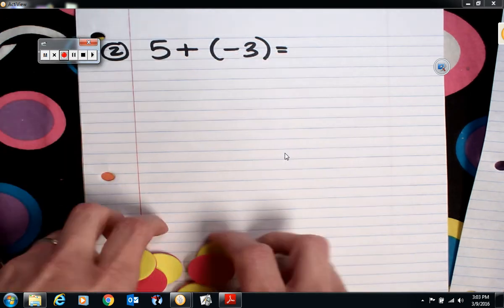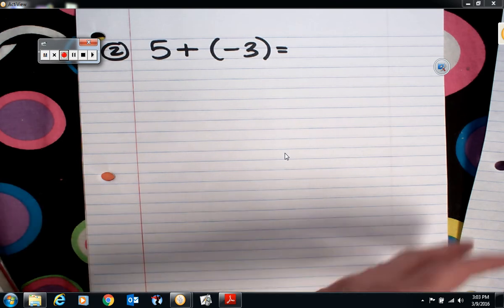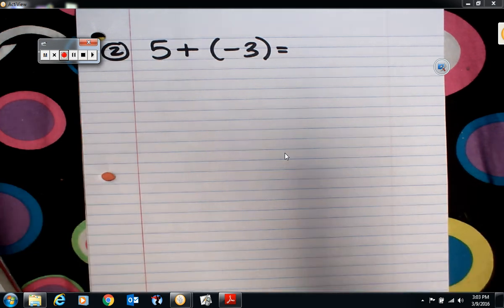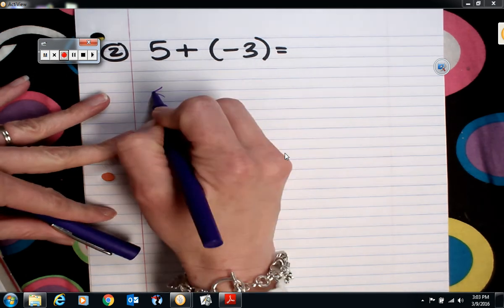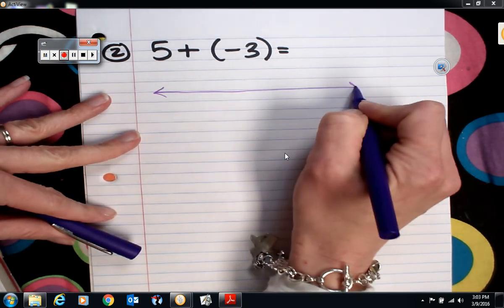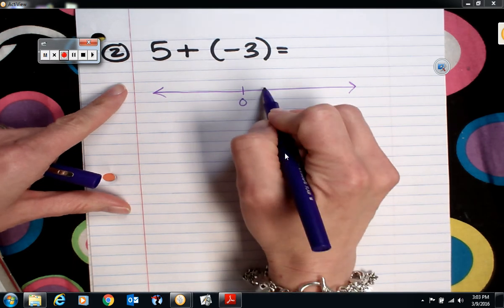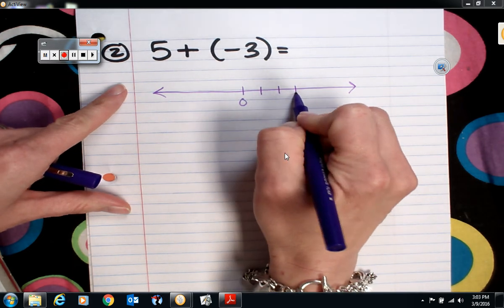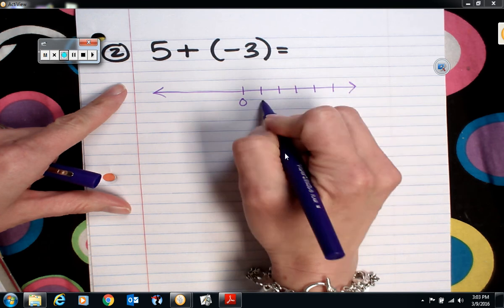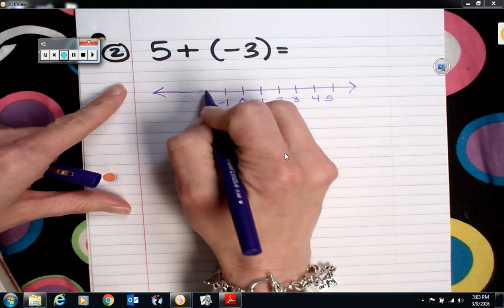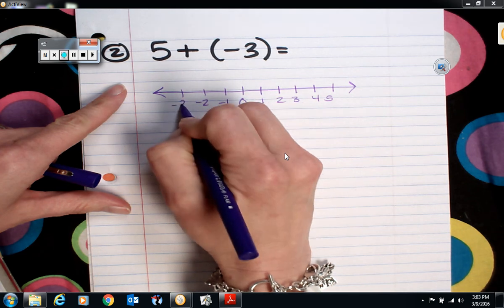We're going to use this same question, and this time draw a number line to illustrate my solution. I'm going to mark 0. And then -1, -2, -3.